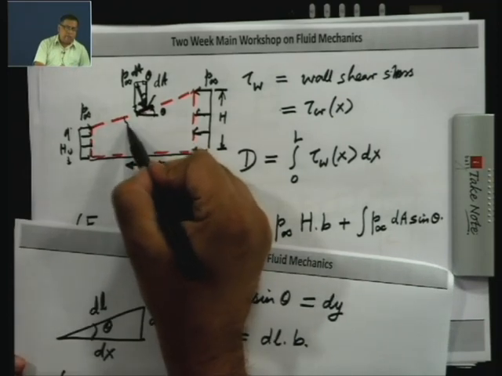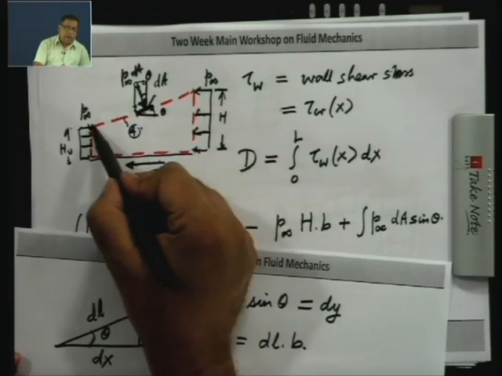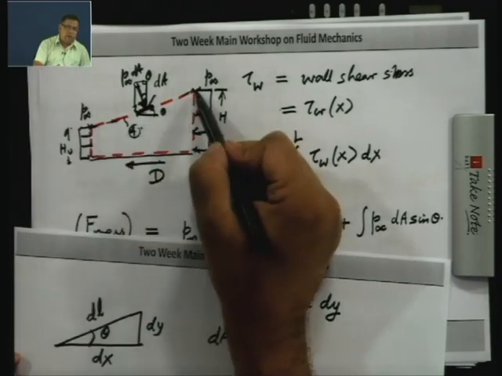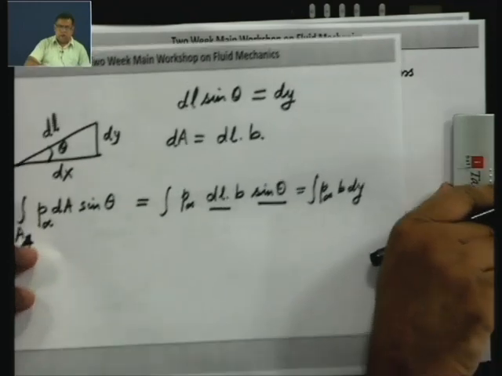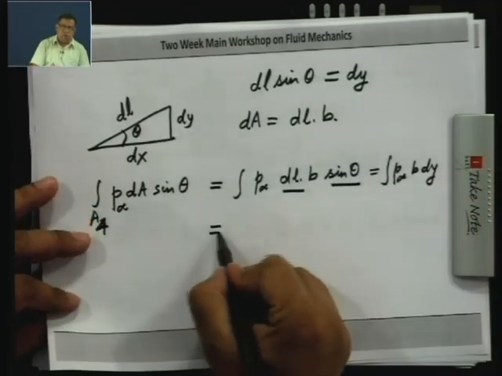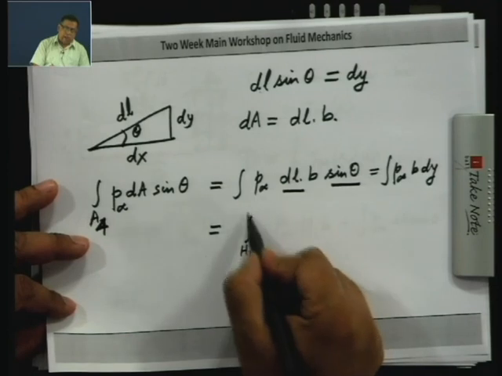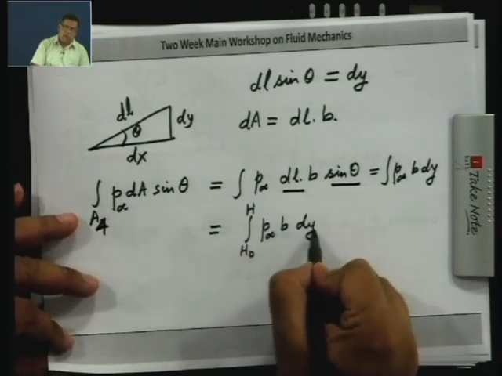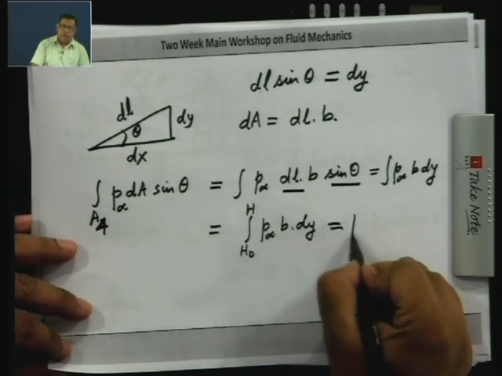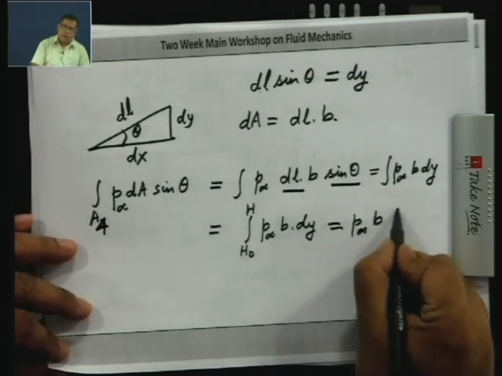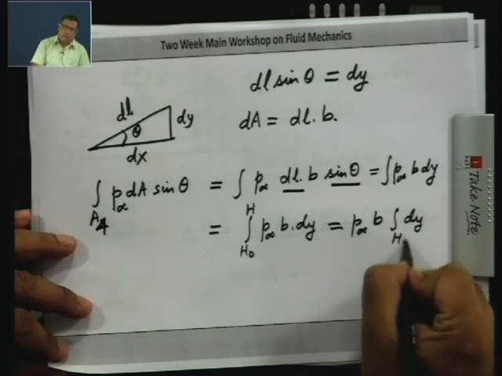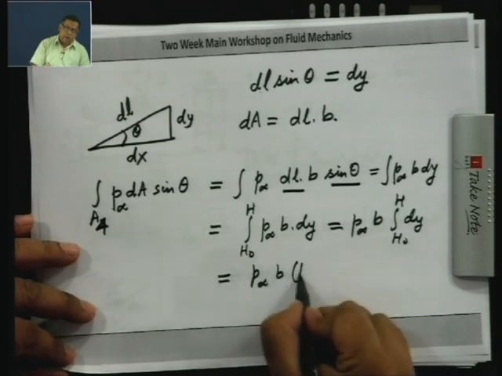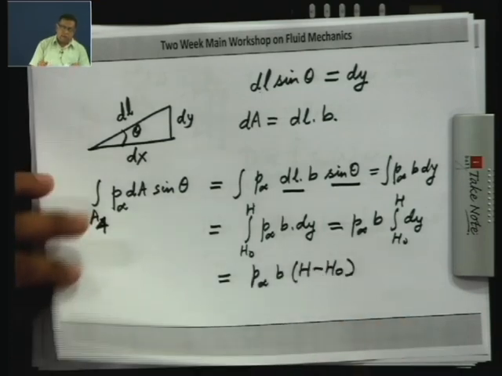So, this is the surface which we are calling 4, and we are integrating from this point to this point along the surface. So, y is going from h naught to h. So, this is going to be equal to integral from h naught to h of P infinity B dy. Now, P infinity and B are constants. So, simply this is P infinity B integral of dy from h naught to h, which is P infinity into B into h minus h naught.